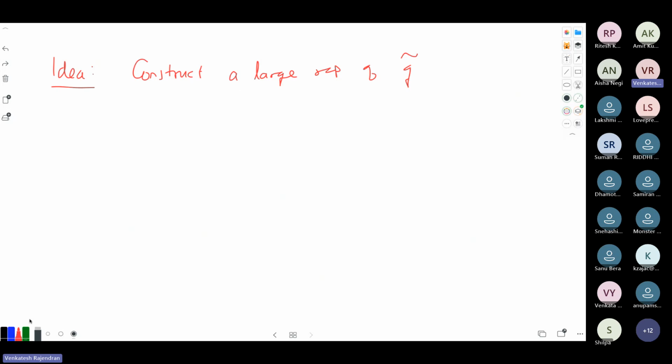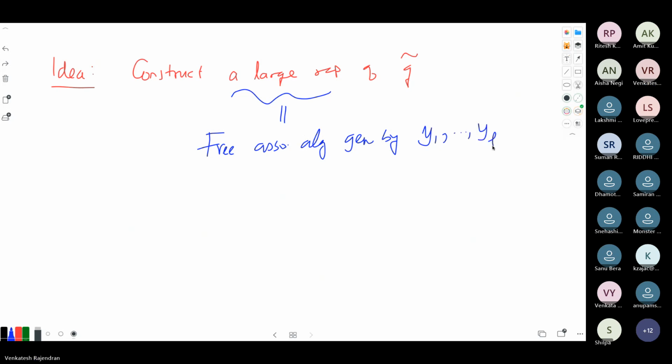That is exactly: you take the free associative algebra generated by y1, etc., yn. Maybe you call it something else if you want. So this is a free associative algebra generated by y1, etc. You already know that this is a non-commutative associative algebra, so all possible words are there.